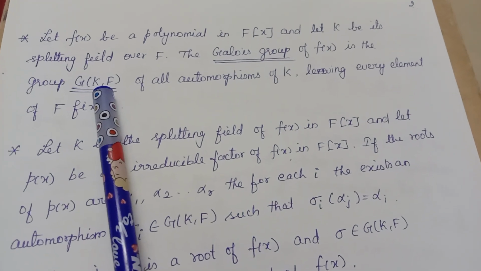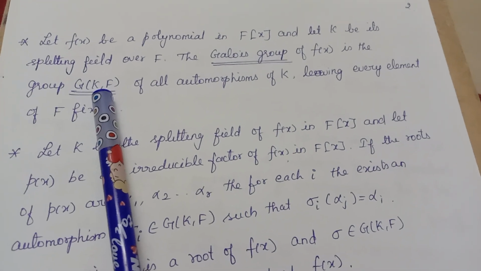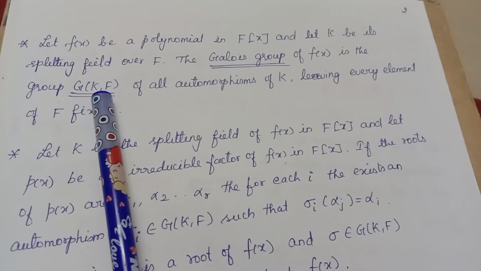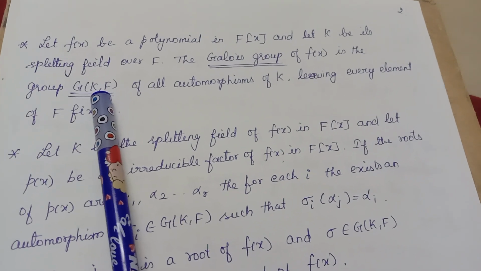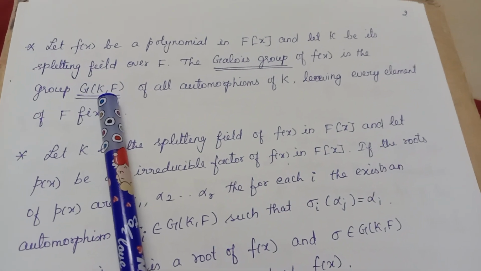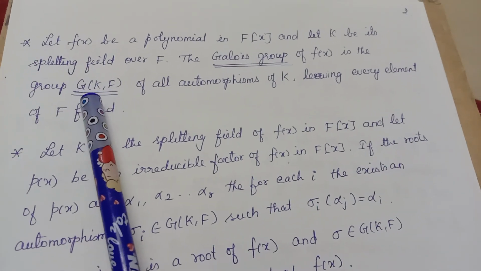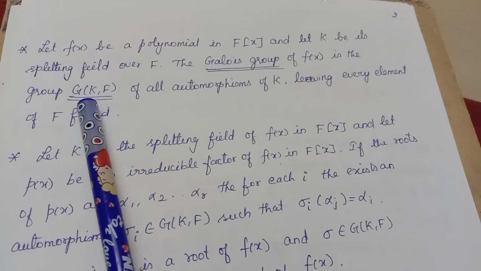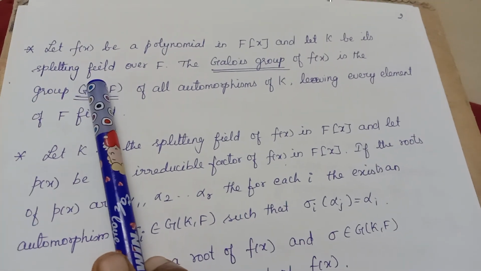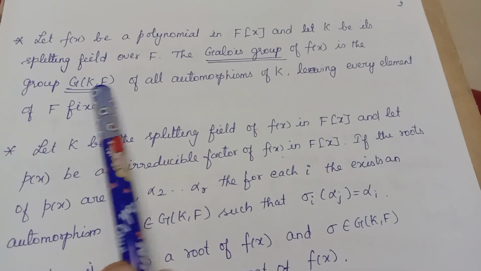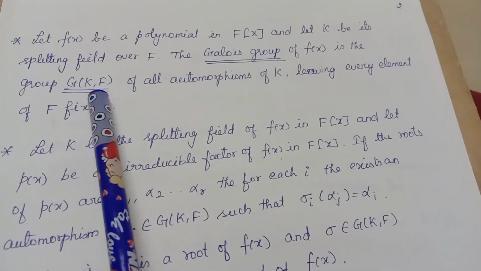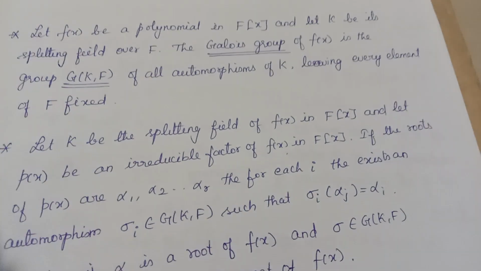So in Galois theory, actually, we are finding the relation between a field and a group. We are connecting this group of automorphisms with a splitting field. That is a nice relationship between a group and a field.